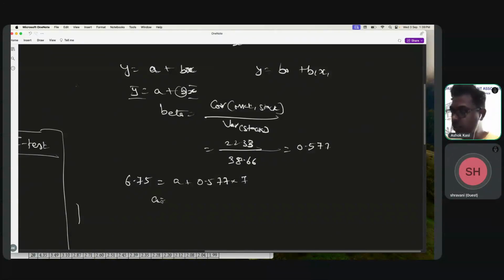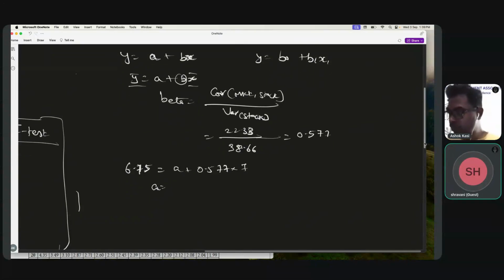So now calculate the value of a. 2.71. Which we can now cross check.